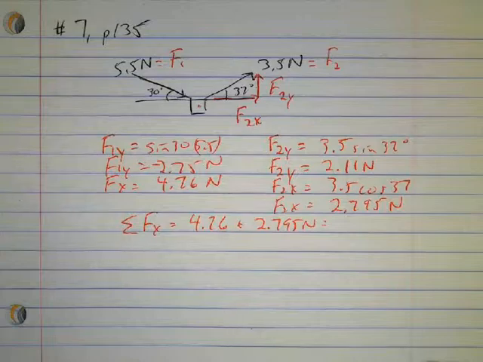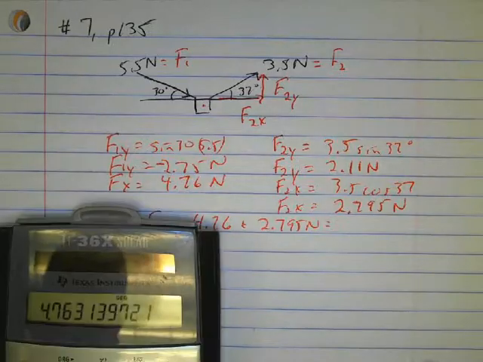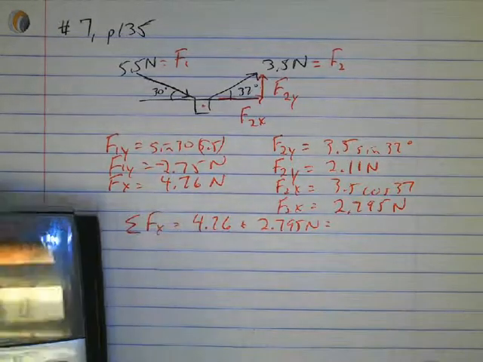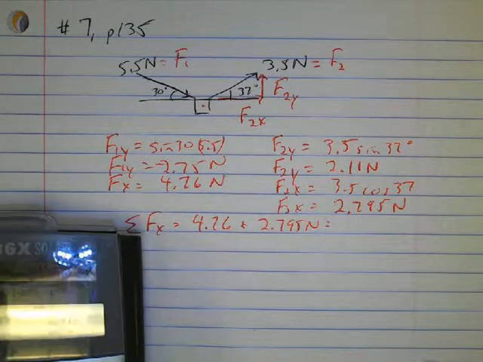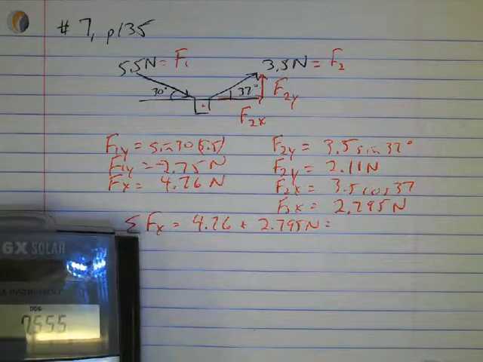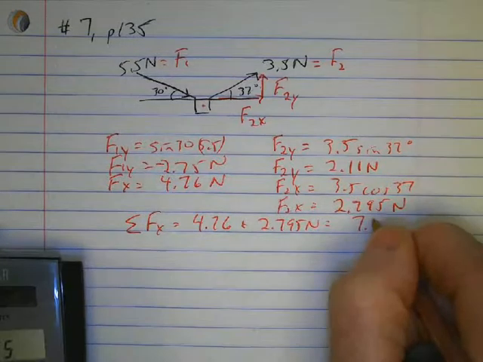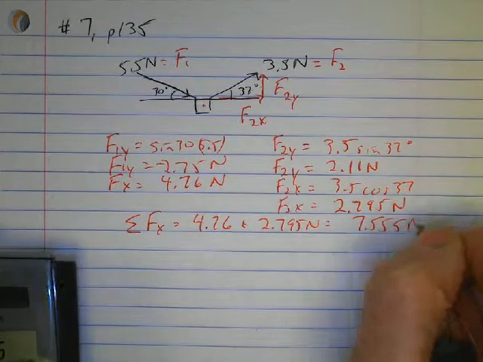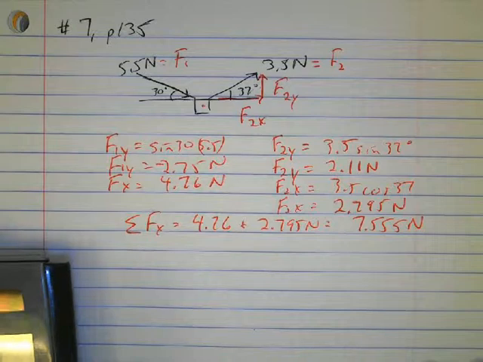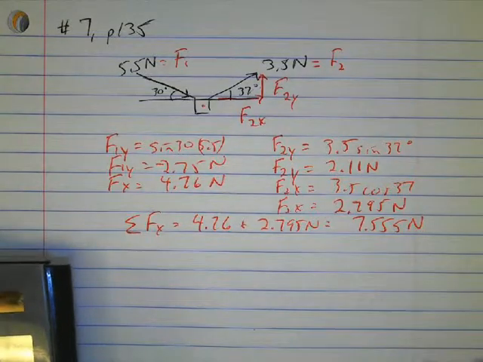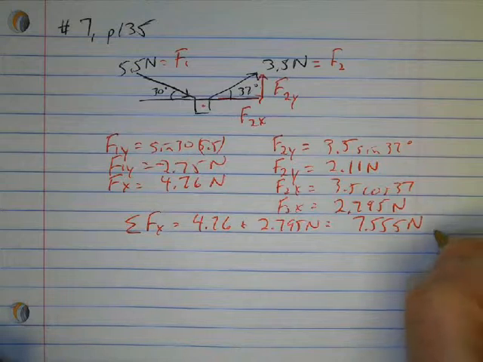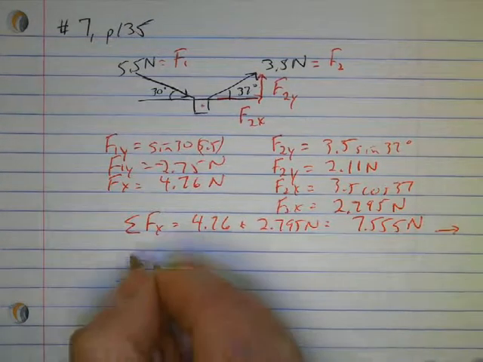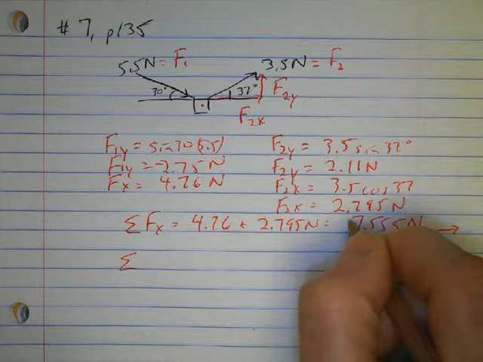And so you get a vector that's 7.555 newtons directed to the right, and so that's positive.